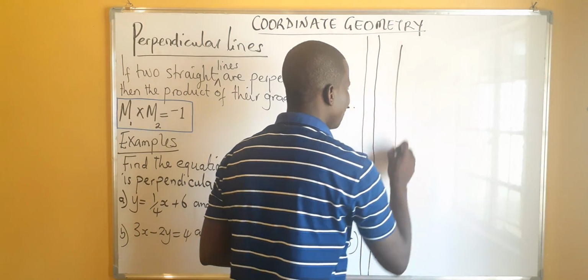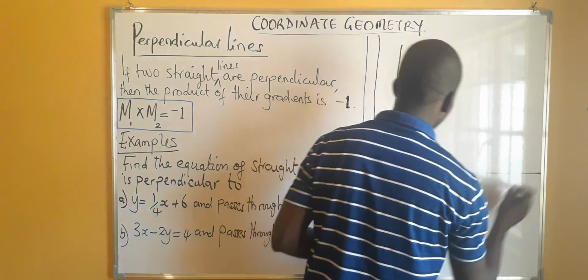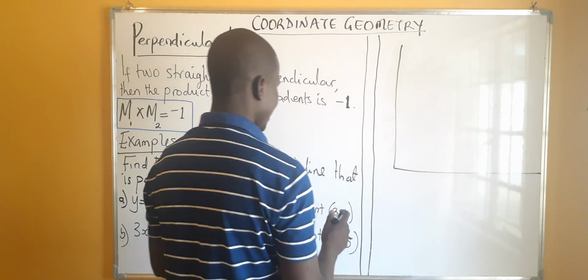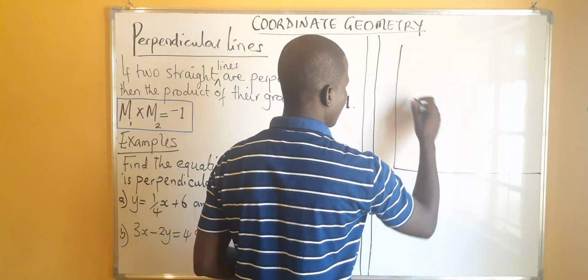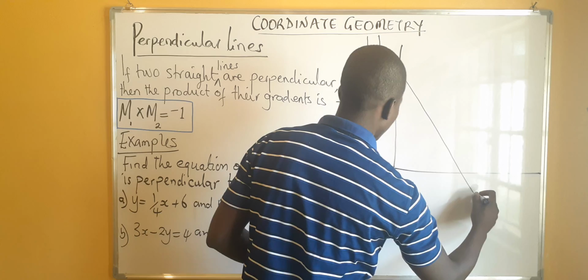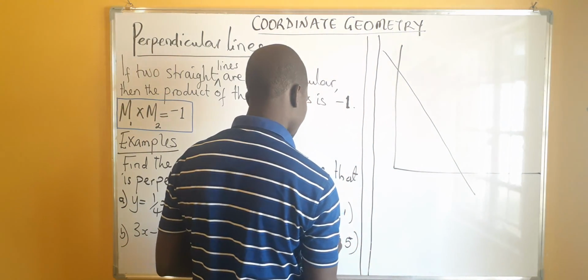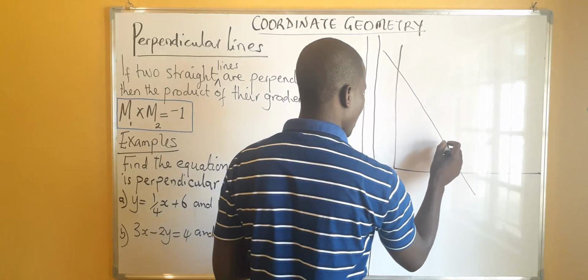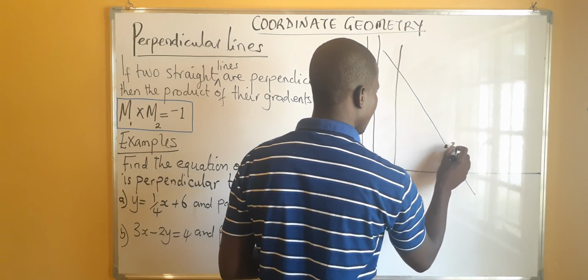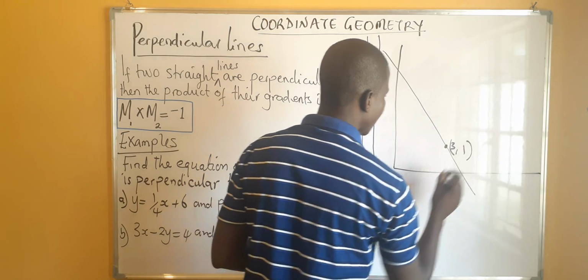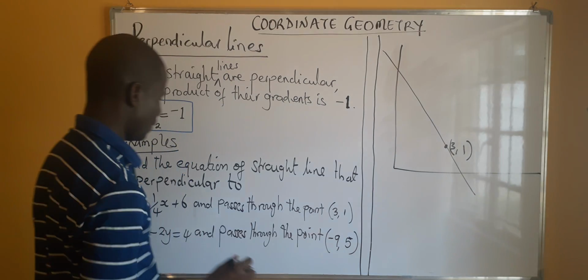We have, for instance, the x-y plane here, just an example. Then this point, which is (3, 1), we take it that it's here.